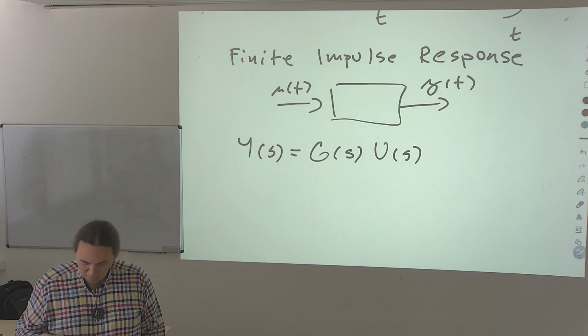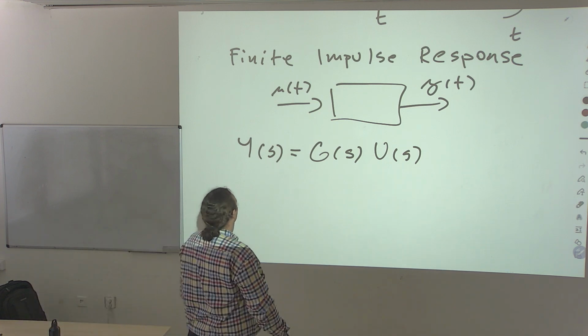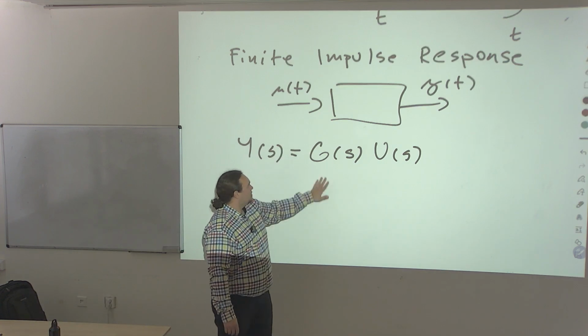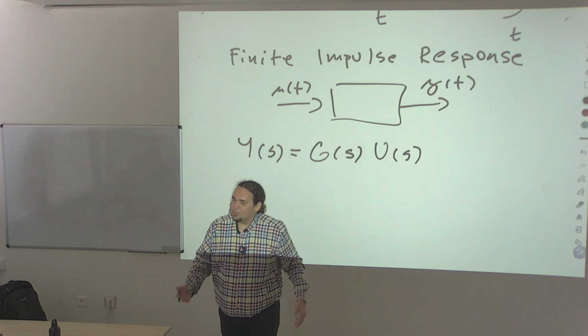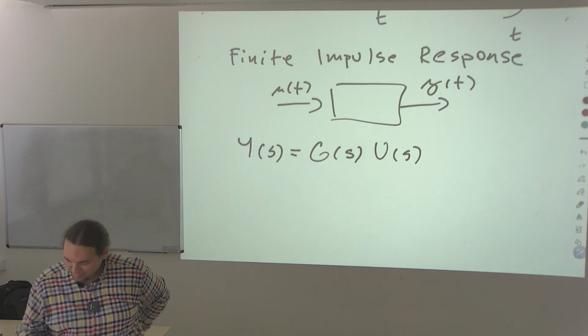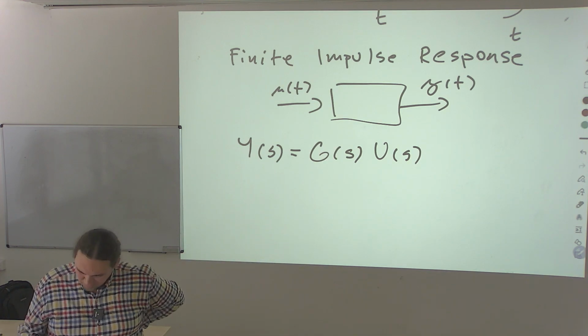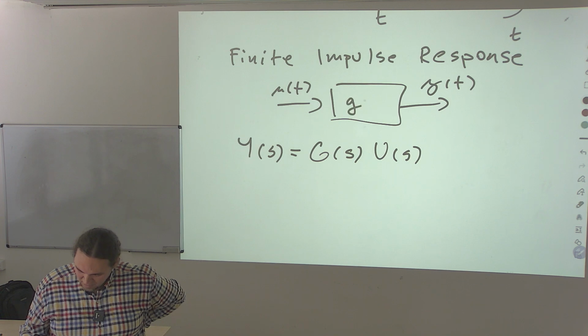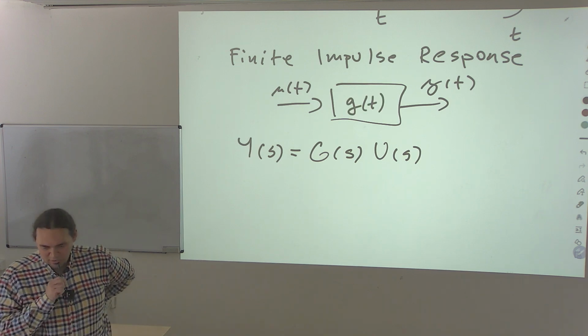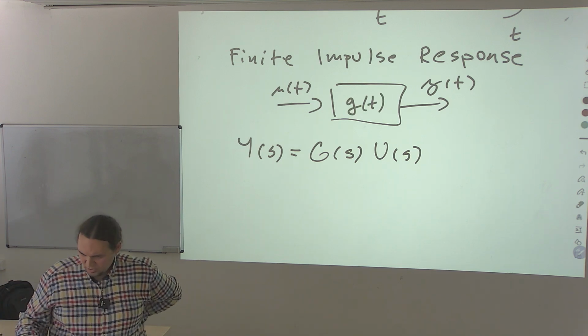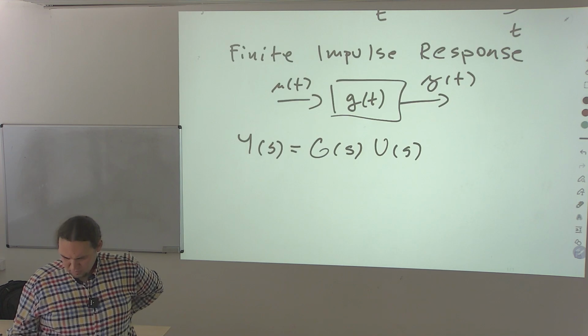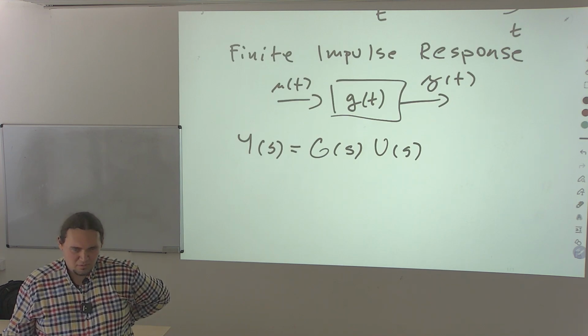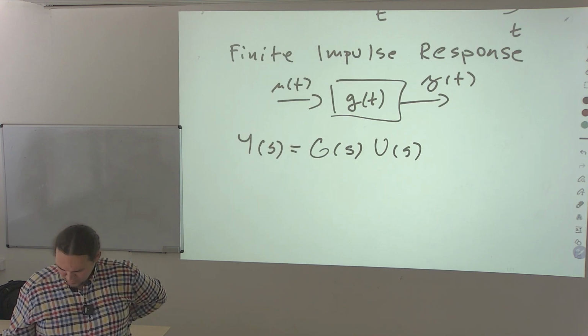So if I'm in this picture, if I'm just staying in the time domain, well, I would use here some equivalent of the G of s, so g of t. And the question is, what is this g of t? Well, we can just try our Laplace transform knowledge.